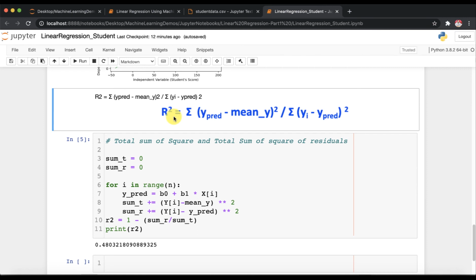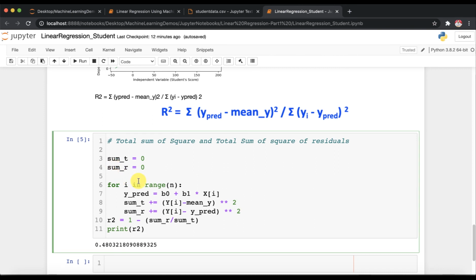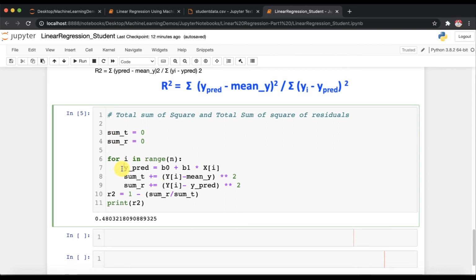So the r square value we are going to find, this is the score, right? Here we define the initial values, and then this is our original equation, that is y prediction equals b0 plus b1 multiplied by xi. We have already calculated b0 and b1, we have the values of xi, so we can calculate the predicted values with this formula.